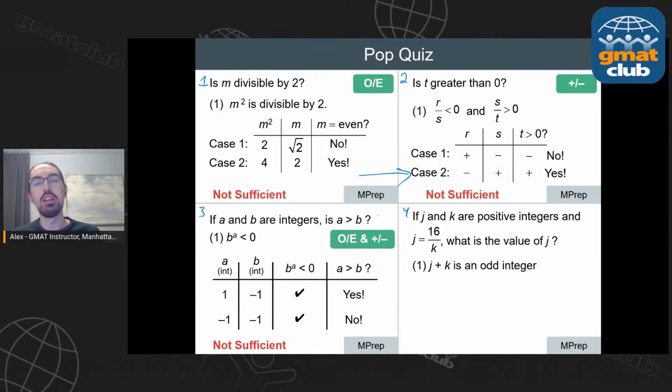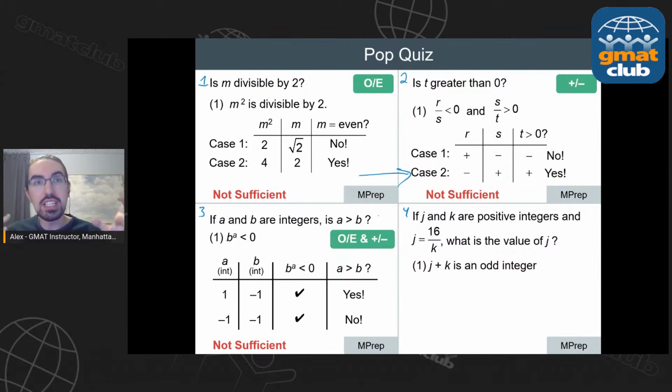But imagine another statement, or combining the 2 statements for that final step. Not just knowing that B to the A is negative, but knowing that B has to be negative and A has to be odd. You can bet they're going to give you some kind of other statement there where knowing that A has to be odd answers the question.